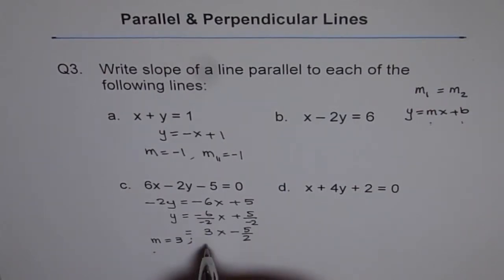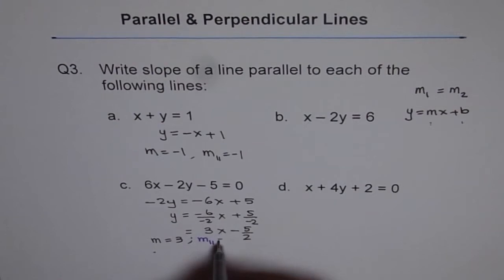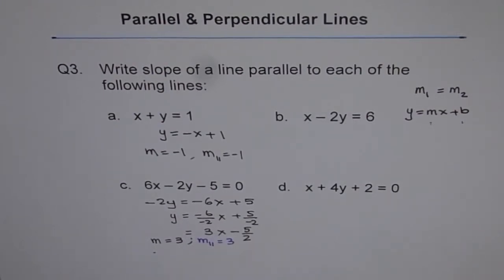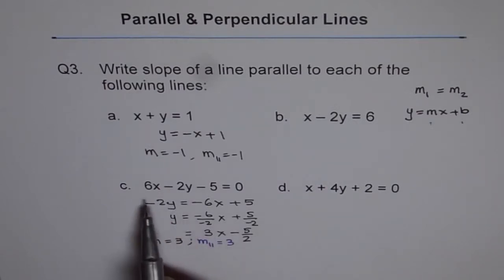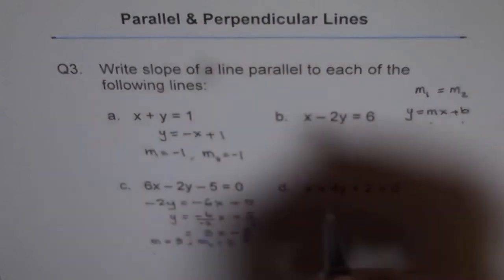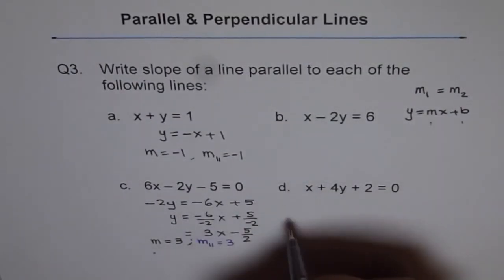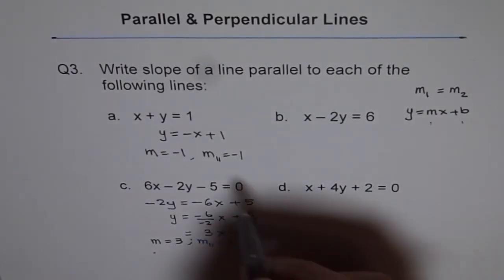And therefore, the slope of the parallel line should be the same, which is 3. So the important thing you learned here is, first, write your equation in slope-intercept form, okay? So let me write down the steps.